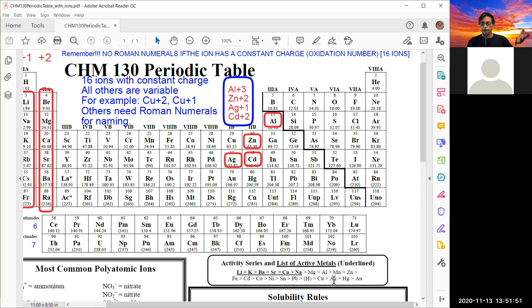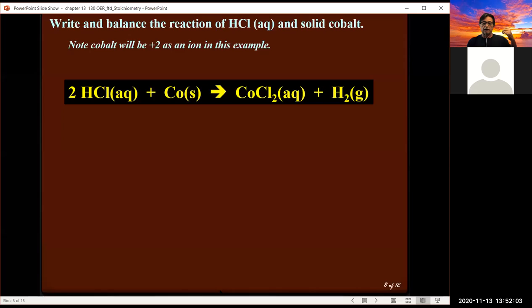And the same would be true for silver, mercury, and gold. H plus, there would be no reaction. All right, let's go back to that. And so after that, we balance it out, and we end up with 2 HCl aqueous, cobalt solid, and this is basically a single replacement reaction. Cobalt 2 chloride and hydrogen gas.